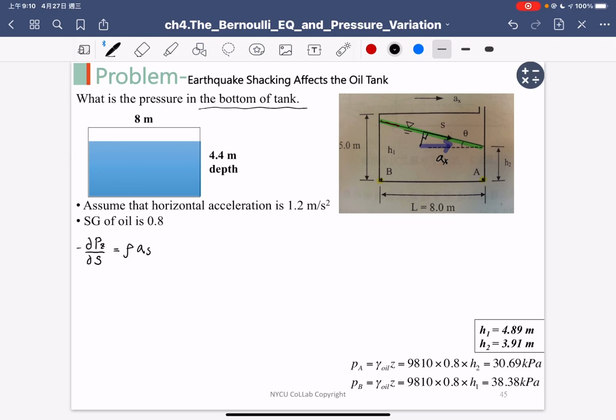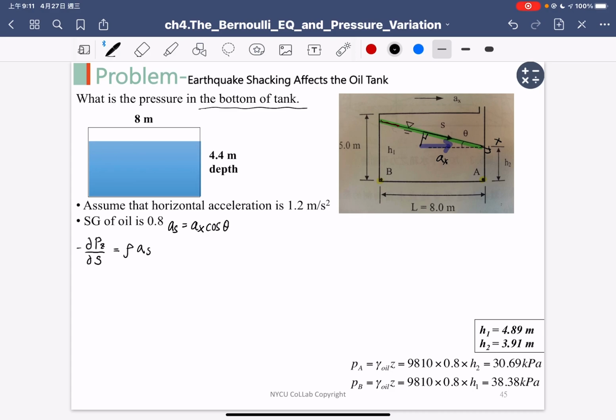So we know that AS will equal AX times cosine theta, right? And along this direction is the positive S direction.